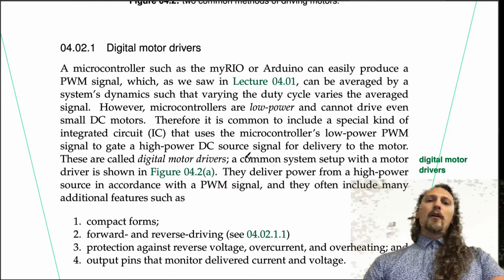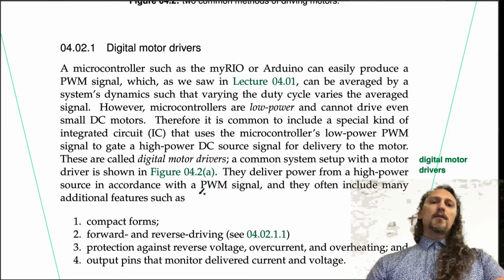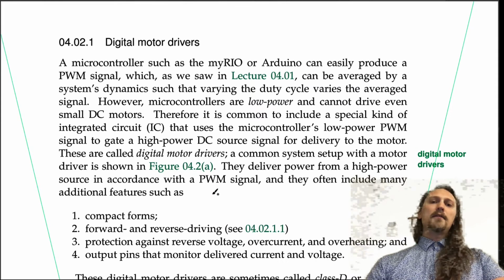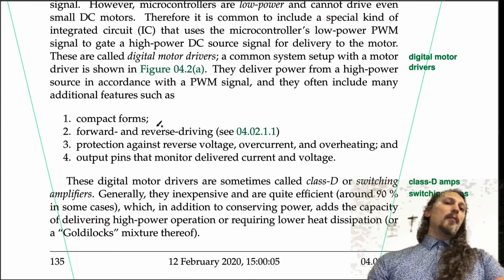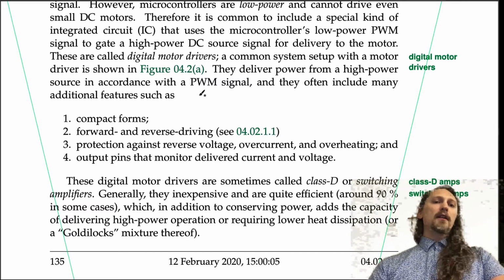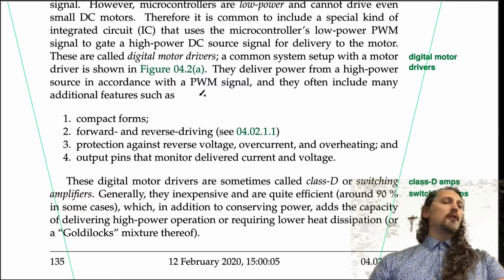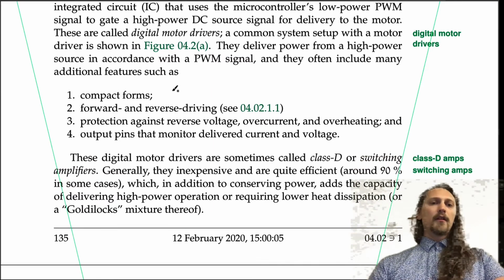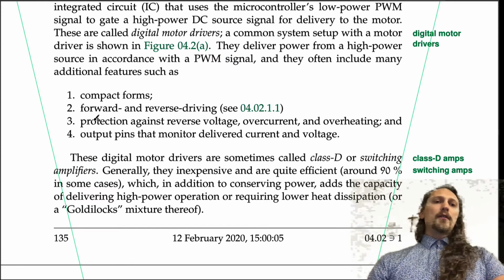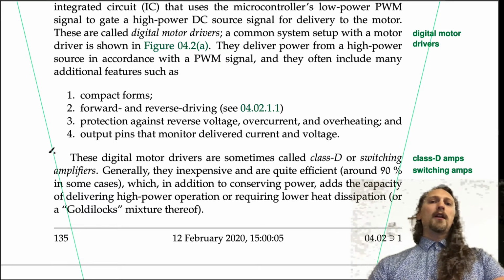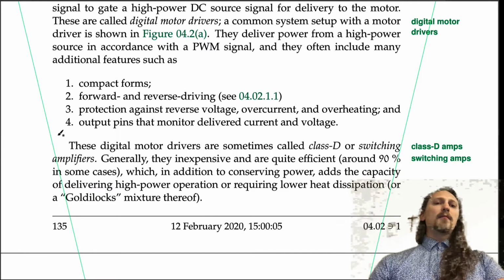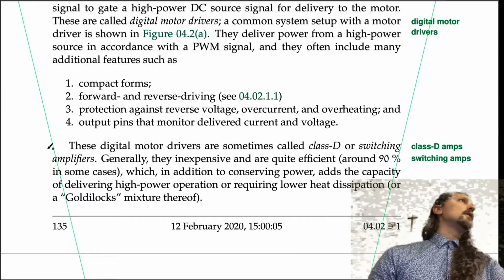They deliver power from a high-power source in accordance with the PWM signal, and they often include many additional features such as compact forms, forward and reverse driving so you can switch the direction of the motor rotation, protection against reverse voltage, overcurrent, and overheating, and output pins that monitor delivered current and voltage.